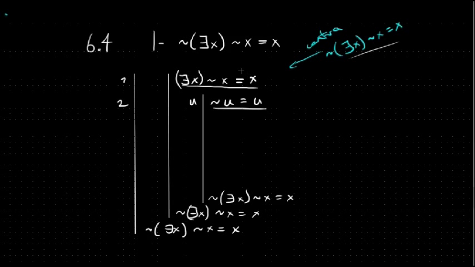But here, if we try a negation introduction, we're doing it on the basis that we've assumed that u doesn't equal u. And again, that's obviously contradictory, that something is non-identical with itself. So let's make our assumption.